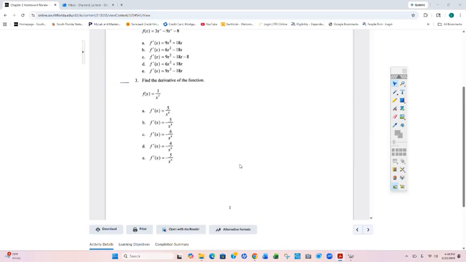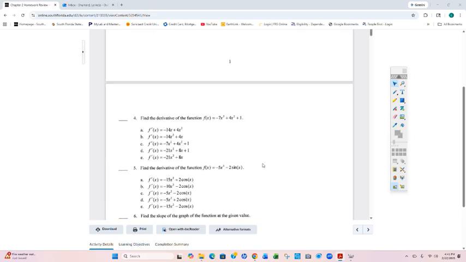Answer C, f prime of x equals negative 6 over x to the 6th. Answer D, f prime of x equals negative 4 over x to the 6th. Answer E, f prime of x equals negative 5 over x to the 6th. Again, all of the answers were fractions. Correct answer for number 3 is E. That came from section 2.2.